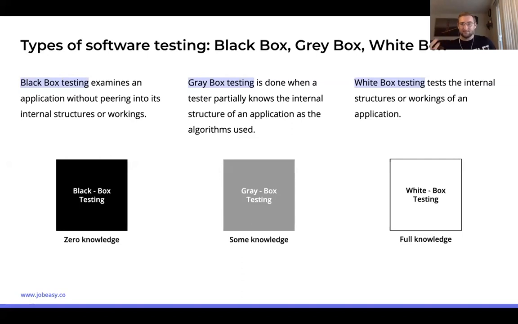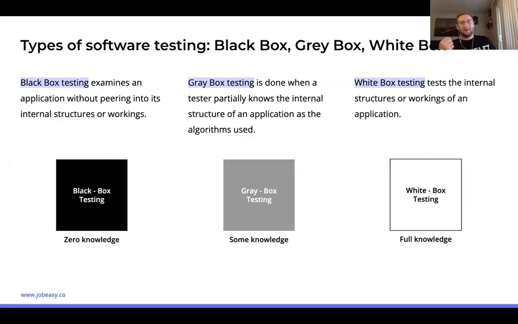You do not look into the code, you do not interact with the code. You don't care about the code because you're a black box tester. White box testers, on the opposite, will be testing the product, the website, by looking at and interacting with the code structures.